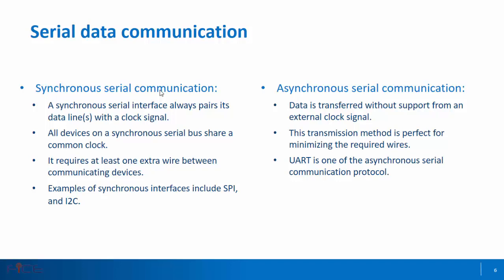The second one is asynchronous communication, where data is transmitted without the use of an external clock. Synchronous serial communication requires one extra wire for clock, but asynchronous communication produces an internal clock for transmitter and receiver, thus avoiding the need of an extra wire for clock.